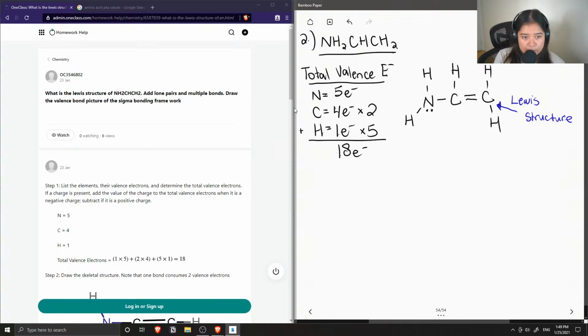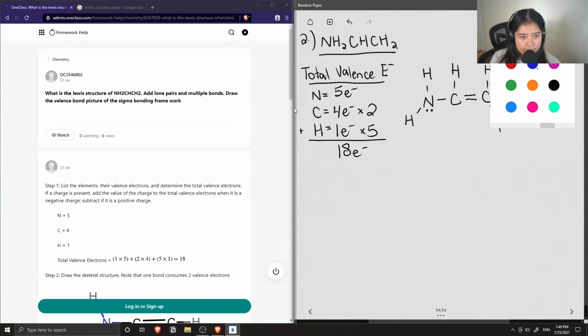And the second part of the question is to draw the valence bond picture of the sigma bonding framework. Okay, so I was never good at drawing these, but it can be pretty simple because you just need to draw your atoms like so.